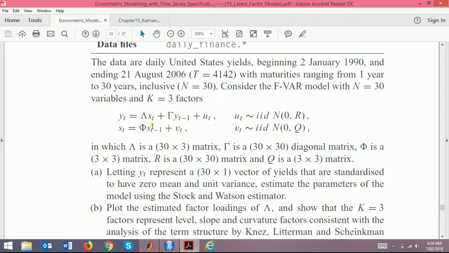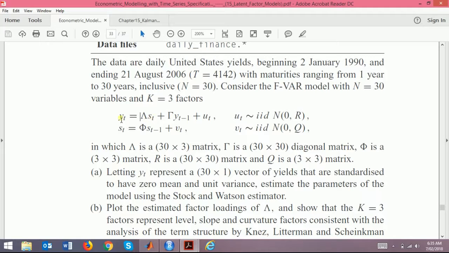We know that lambda is a rectangular 30 by 3 matrix, which is an n by k matrix. Gamma, on the other hand, is a square 30 by 30 matrix.